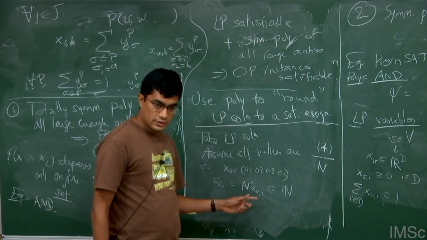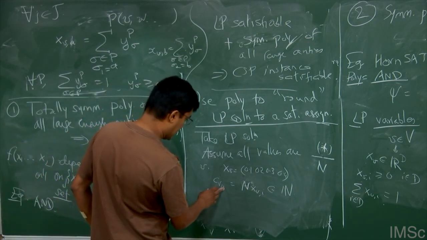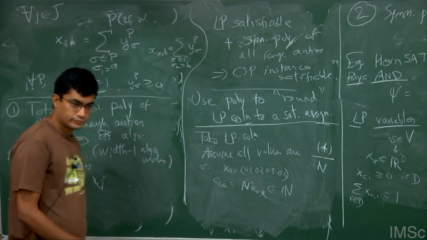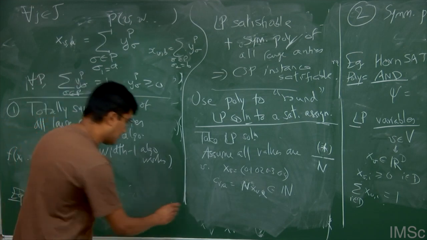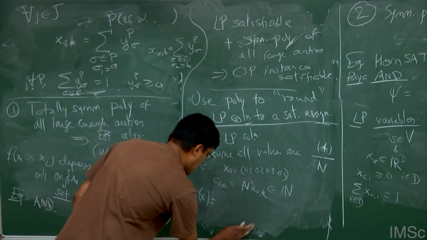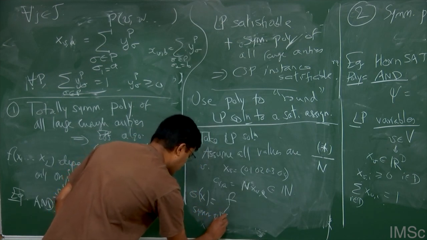So now essentially I have frequency counts for how much I think the variable v should get value a. And now my value sigma(x) is simply going to be f, a symmetric polymorphism of arity n.